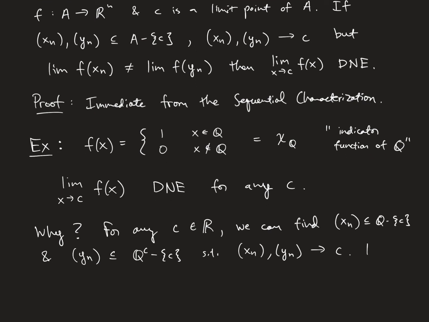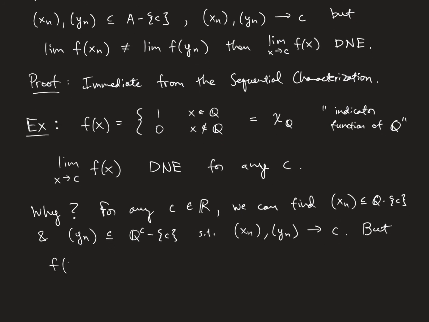But f of xn is equal to 1 for all n by definition, and f of yn is equal to 0 for all n by definition.